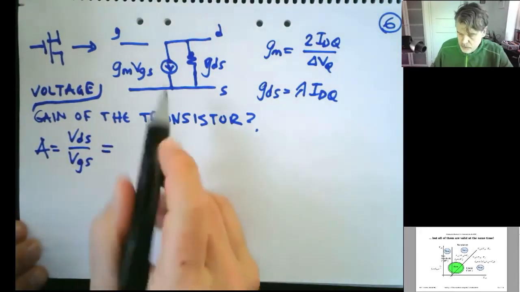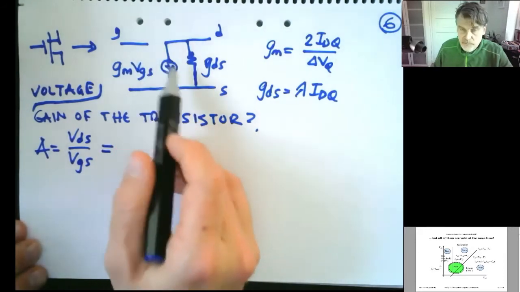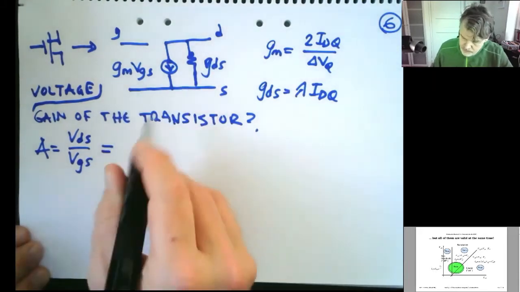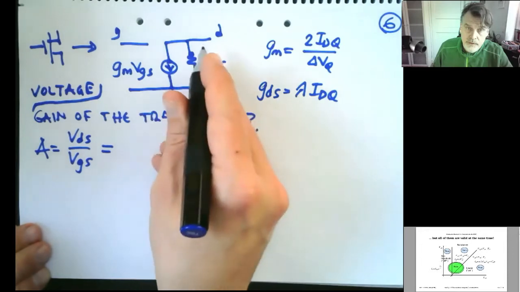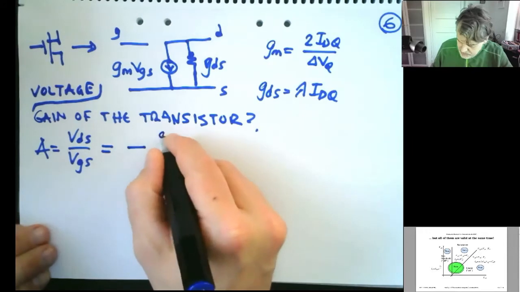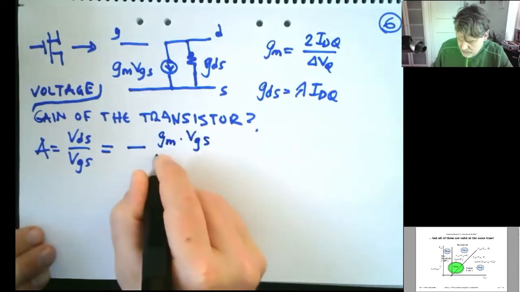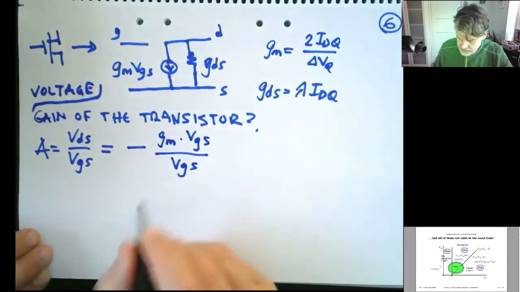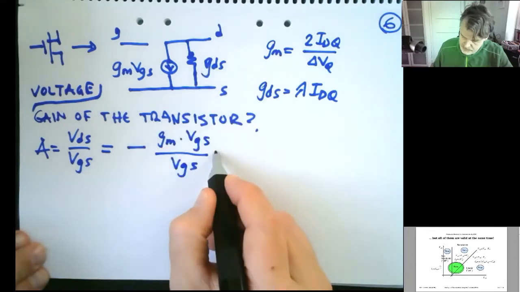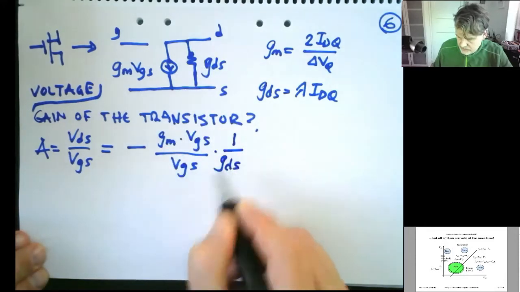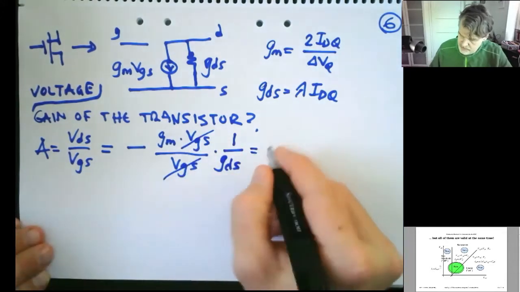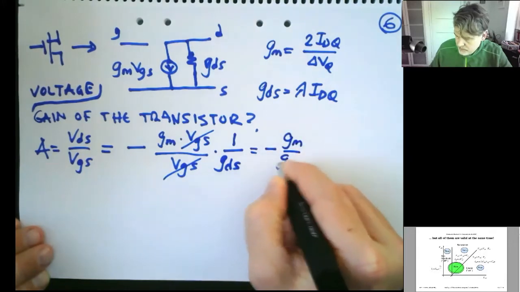And that's equal to, there's nothing connecting here, so it's all defined by the right-hand side of the diagram. So first of all, the current is pointing in the wrong direction, so we have the minus. And then it says GM times VGS divided by VGS. And then times the resistance, so this should be times 1 over GDS, to get it to the right. So VGS disappears. This is now equal to minus GM over GDS.